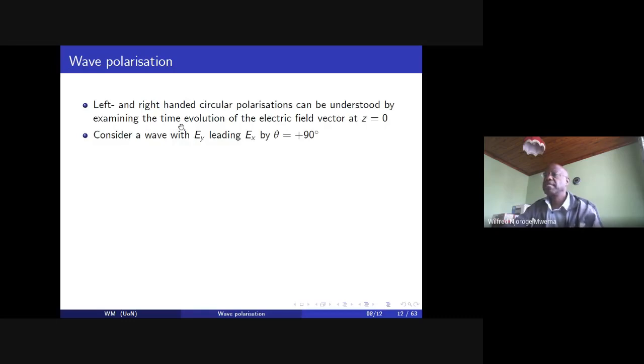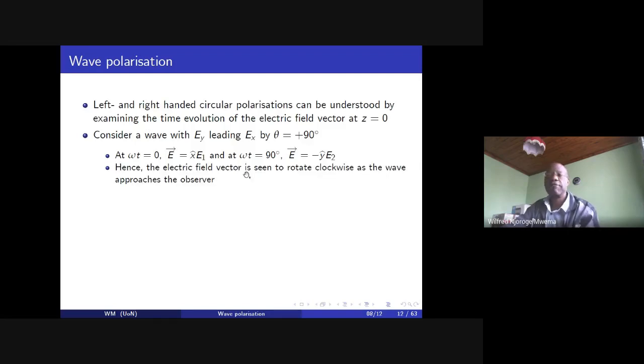Now, if we consider a wave with an Ey that is leading Ex by theta equal to 90 degrees, then at omega t equal to 0, E is going to be given by x cap of E1. And at omega t equal to 90 degrees, it will be in the minus y direction. And therefore, the electric field vector would be seen to be rotating clockwise as the wave approaches the observer.